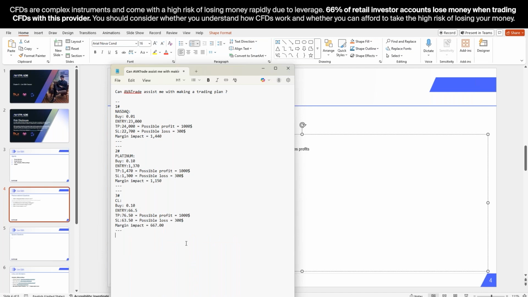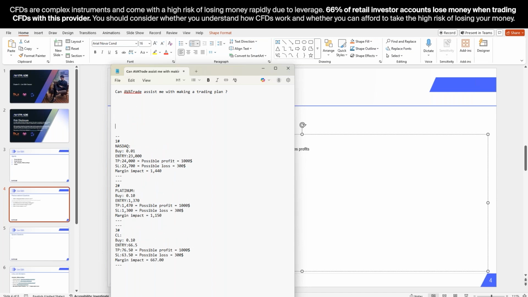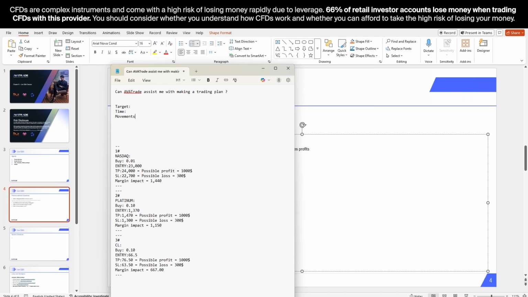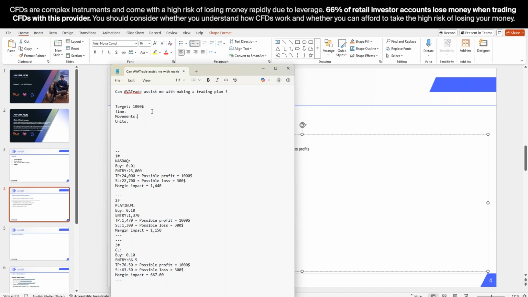And right in here, we've got the strategy written down, what positions we take. And to make a plan, all we have to do is to type a few basic ingredients: target, time, movements, and units. And with those 4 ingredients, basically we can set a target of 1,000 during 1 to 2 weeks.